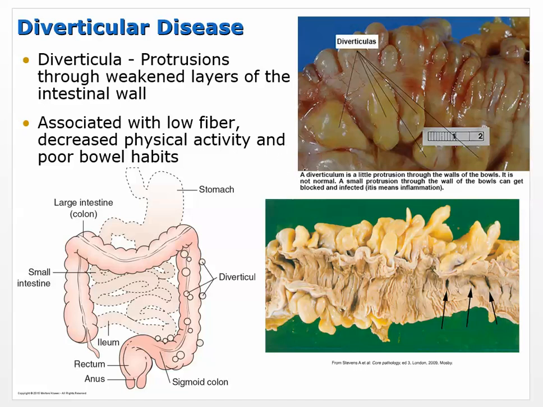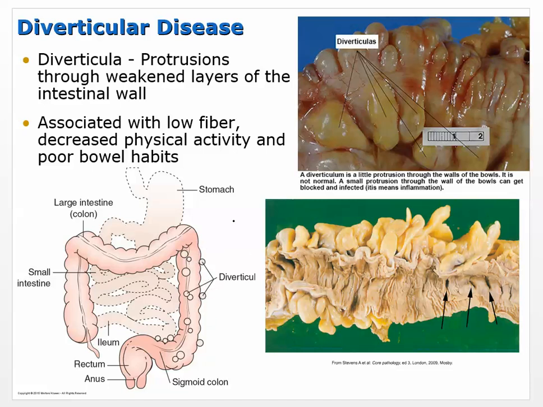What happens with diverticular disease is that you get food in here and your intestine tries to be really, really strong, and if it has a hard time pushing it through, it's just going to squeeze harder, and a lot of times that can cause such increased pressure that it can push out, especially if it's weakened. This tends to happen a lot with older people, especially if parts of the intestinal wall are weakened. It will push out and form these diverticula. So these are just protrusions through weakened layers of the intestinal wall.